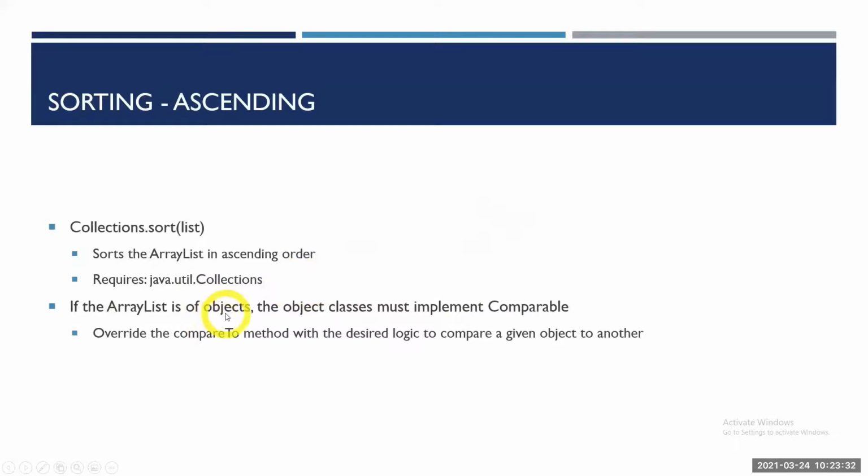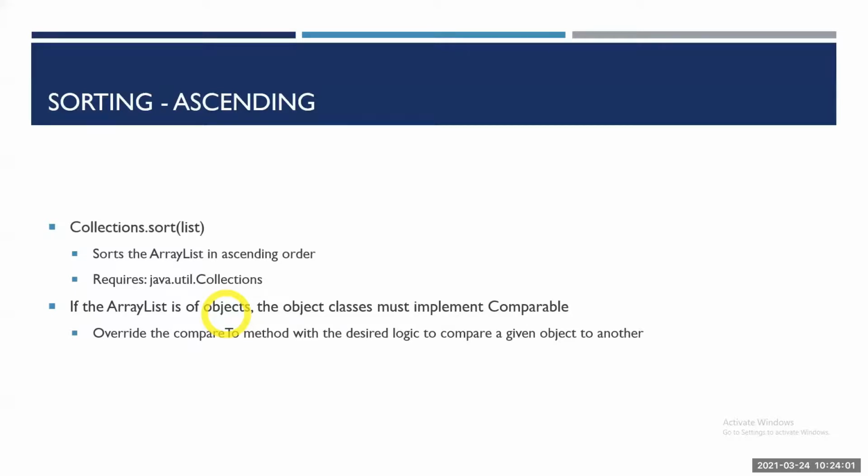So when you have objects and you want to sort something, the default sorting algorithm will sort based on comparing the object to the other. So for example, if I have an array list of strings, and I'm just an array list of all the alphabets, A through Z, it's going to compare A to B, B to C, C to D. And based on however they fall, it's going to sort my array list.